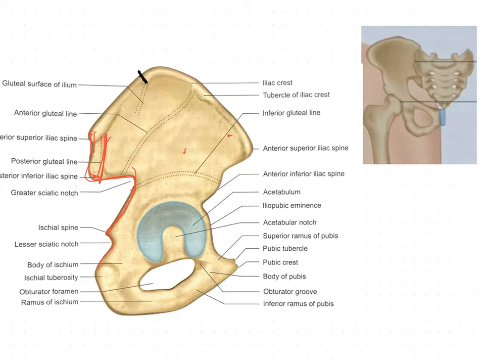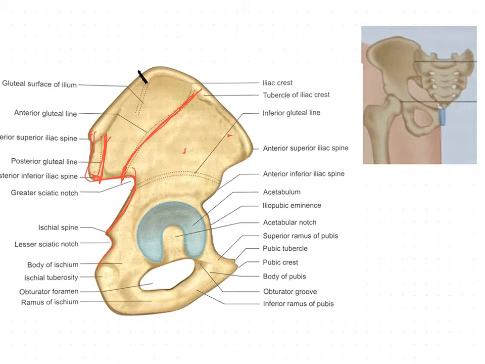It begins about 4 centimeters behind the anterior superior iliac spine, runs backwards and then downwards to end at the middle of the upper border of the greater sciatic notch.